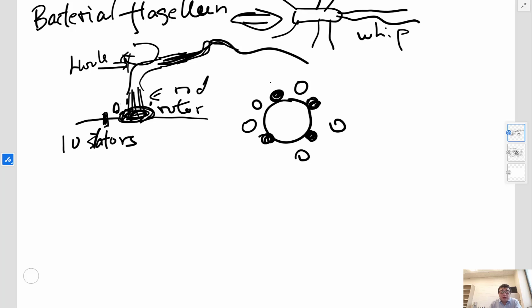Whenever a stator gets into the rotor, hydrogen ions get out of the cell. This hydrogen ion flow drives the stator to rotate, and the stator gives the torque to drive the rotor.